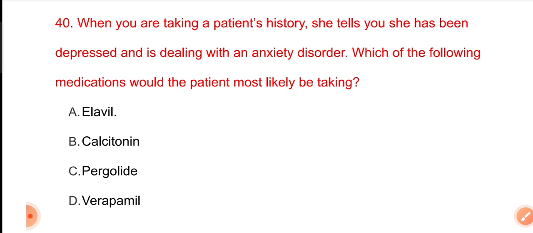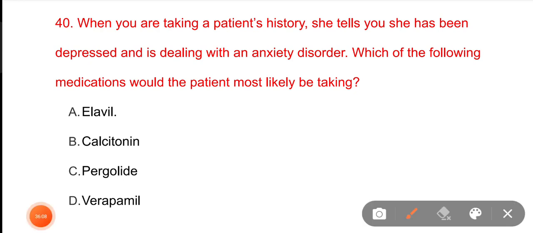The options are: option A, Elavil; option B, calcitonin; option C, pergolide; option D, verapamil. The right option is option A, Elavil. When the patient is taking Elavil, mostly the patient will have depression.